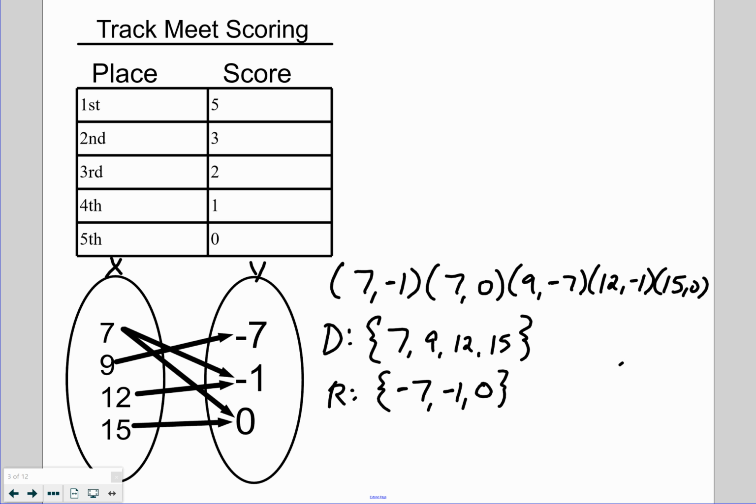Okay? Now, let's think about this. You just looked at this relation, wrote down the domain and the range. Would you consider this x and y relationship a function? No. Why not? Because there's more than one x. Well, there's plenty of x's. There's 7, there's 9, 12, 15.